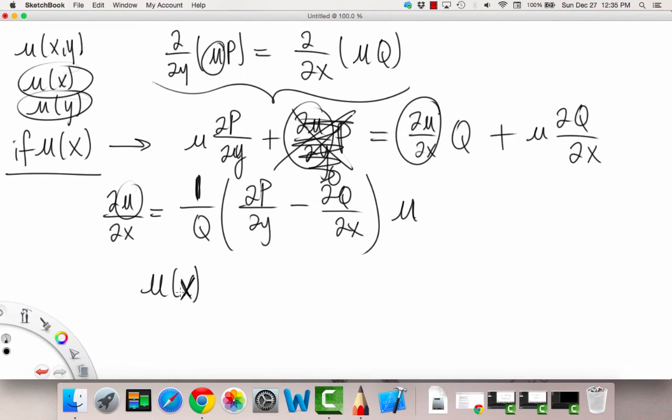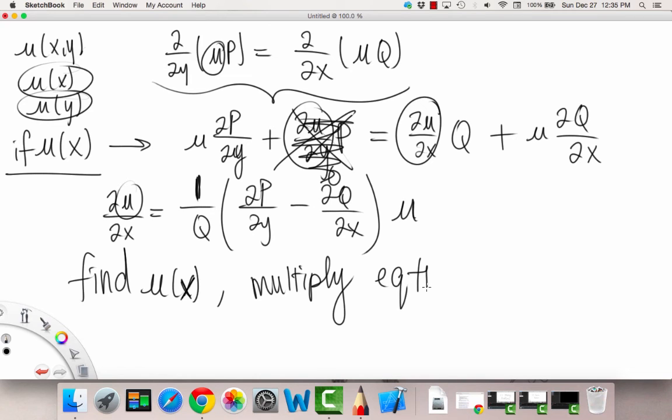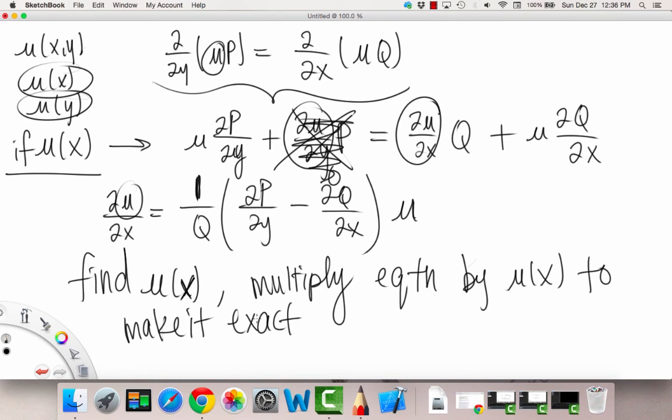Once we get our mu of x, we're going to multiply our entire equation, our ODE, by this mu of x, because it's our integrating factor, right? And then our equation becomes exact, because once we multiply by our integrating factor, then we just solve like normal, okay?